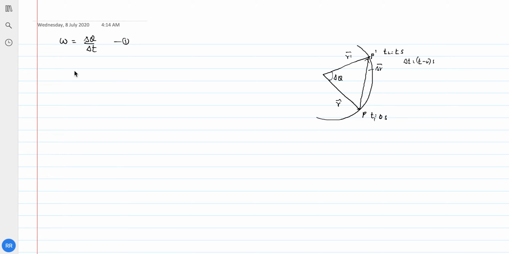So by definition, if the distance traveled by the object during this time interval from P to P prime, यदि एक जो object है वो कोई distance delta s कवर करता है, तो आप angle की definition से आप लिख सकते हो कि delta theta is equal to delta s upon r.